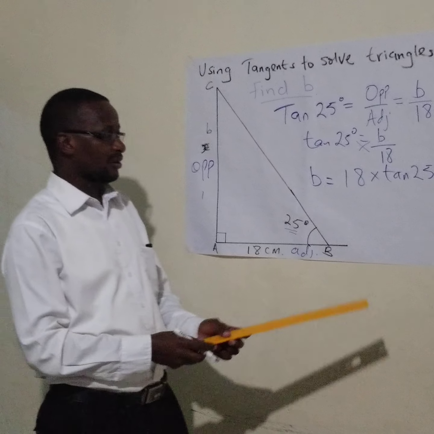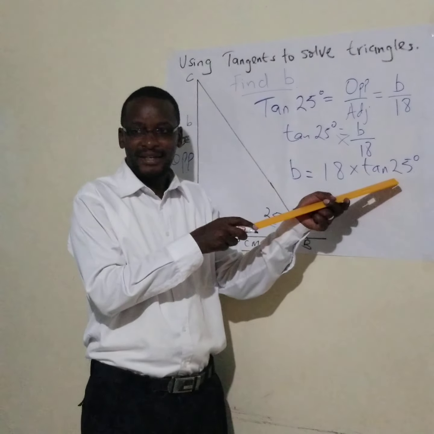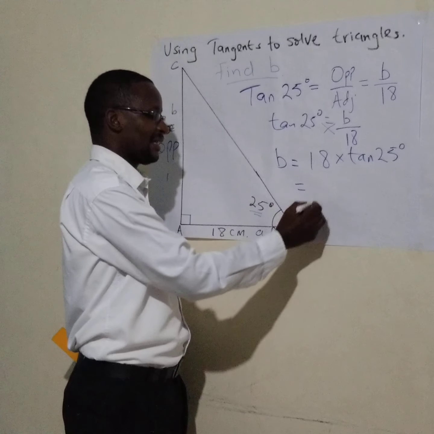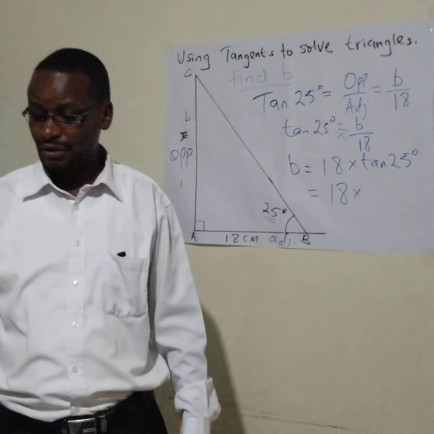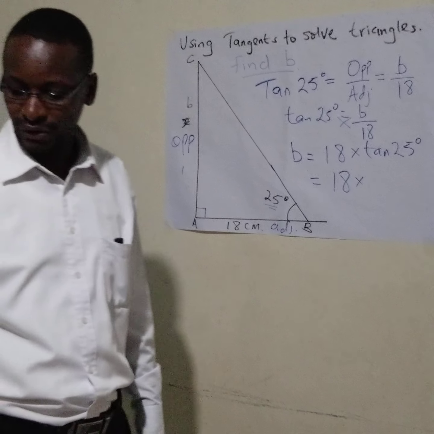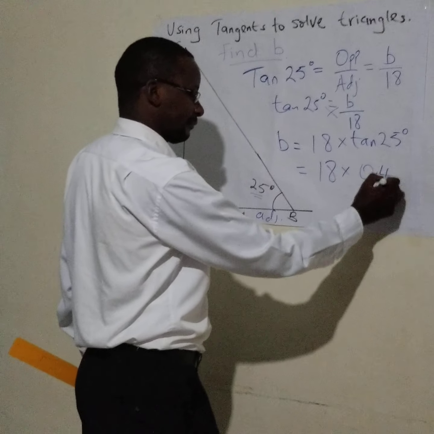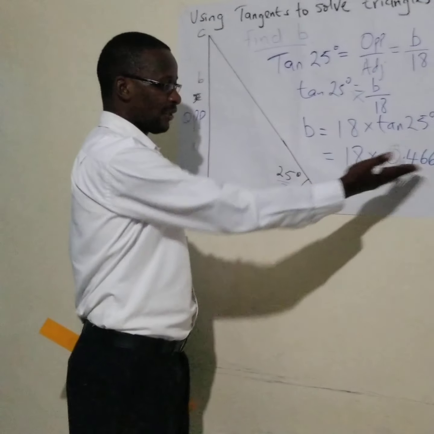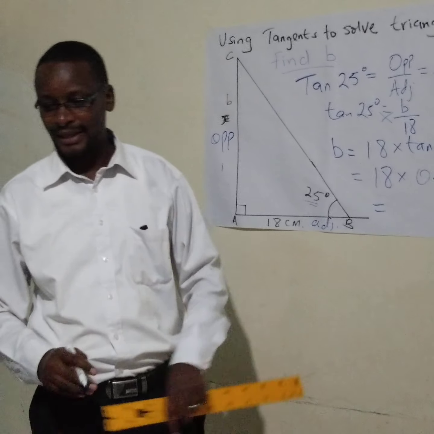So I want you to go to the tables and get the tangent of 25. In this case, it will be 18 multiplied by tan 25, which I think is 0.4663. You can check. Then you simply multiply that and you get an answer.